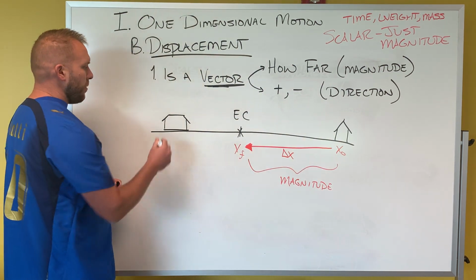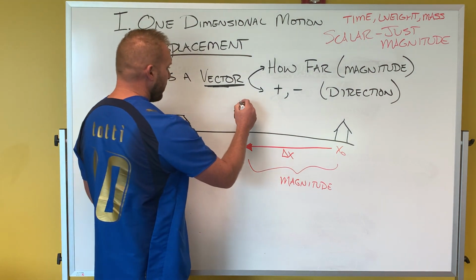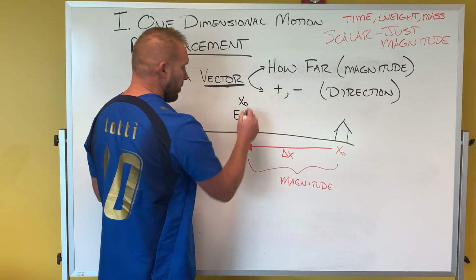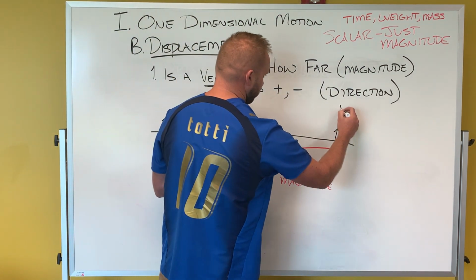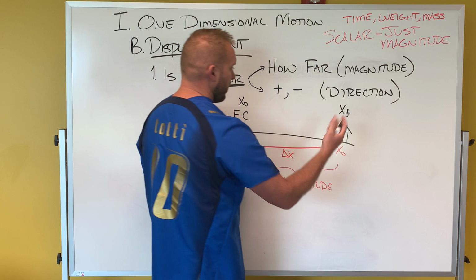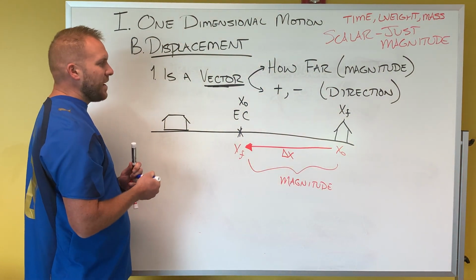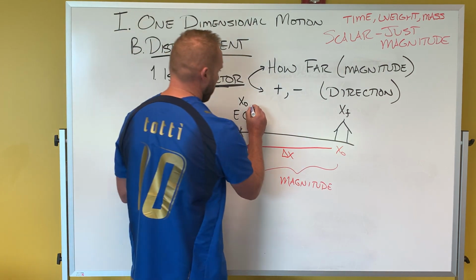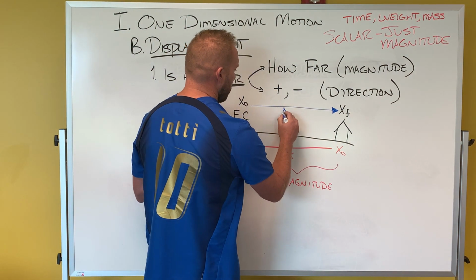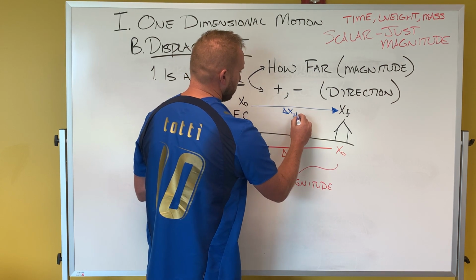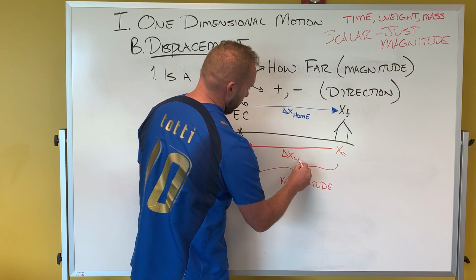Right? Another example is, maybe when I go home, I start here at Emerald Campus, and I go home, right? The vector that would indicate that displacement would be here. Okay, that would be my displacement home, whereas this was my displacement when I went to work.